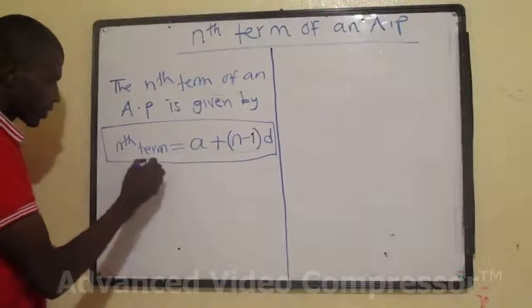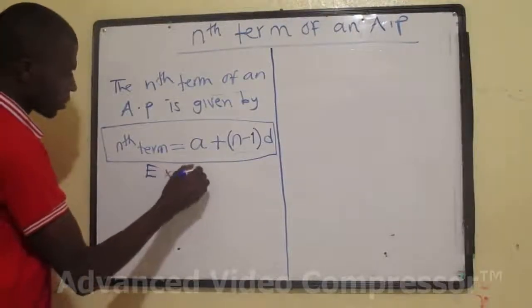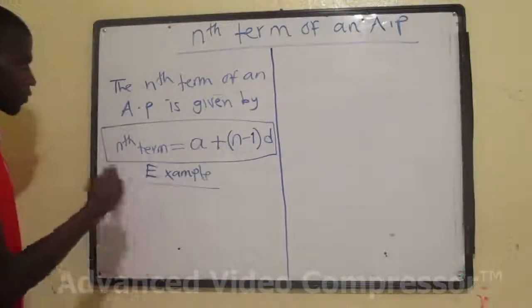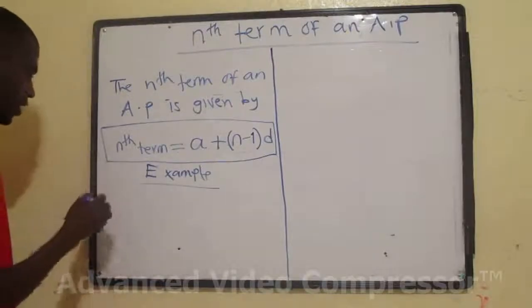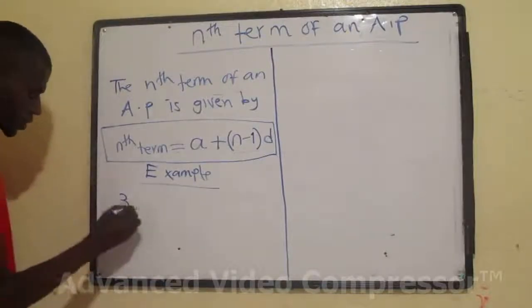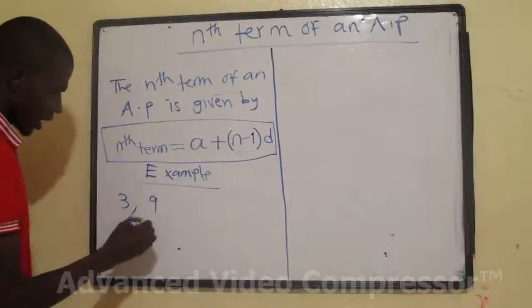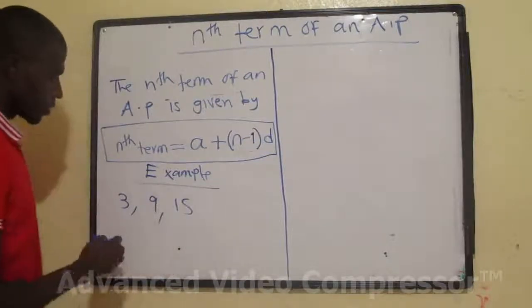So we'll repeat the same example. We try to use this formula to see if we are able to find the term. The first term in the sequence was 3, then followed by 9, then followed by 15.